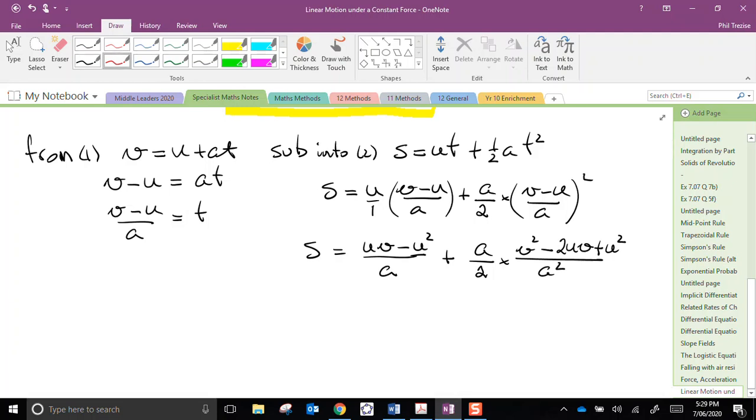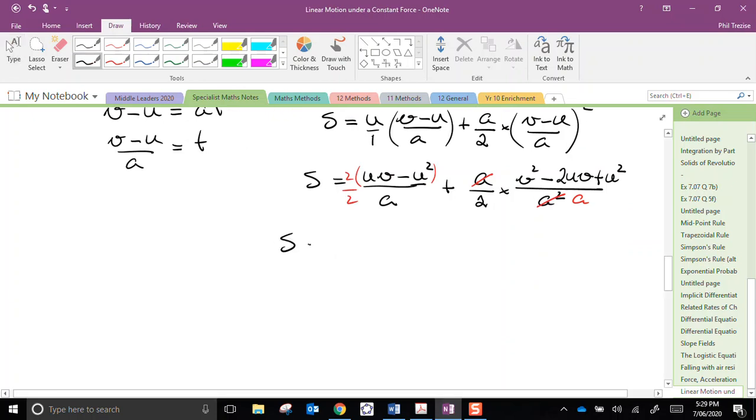I can cancel that a there with one of the a's in the squared part. Then I have a denominator of 2 times a. I think I might multiply top and bottom of this by 2, so that I get a common denominator of 2a. s will equal a whole big bunch of stuff all over 2a.